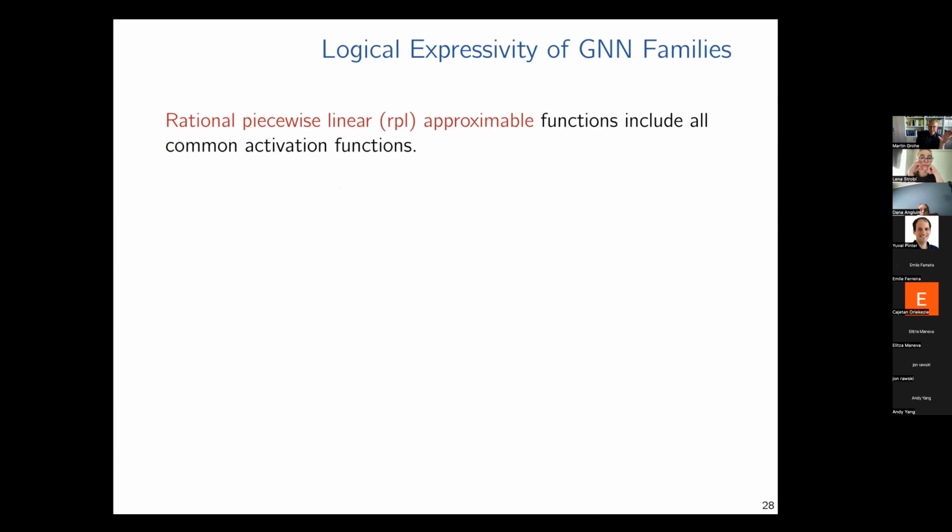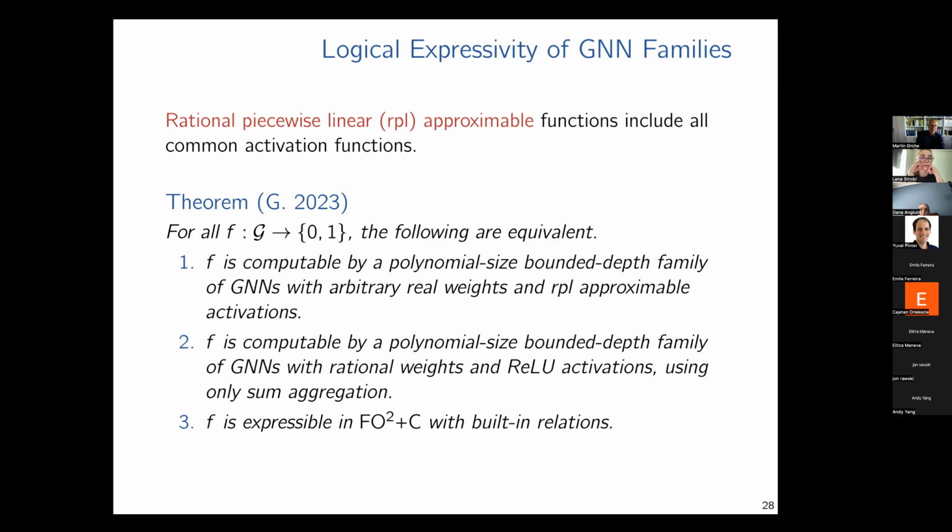That's an artificial definition that I chose because it includes all common activation functions, like logistic or whatever you want, whatever is used basically falls into this class. Okay, and then we have the following, and this is an equivalence now.